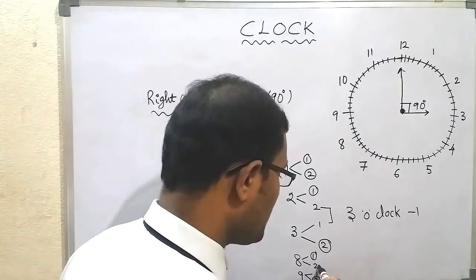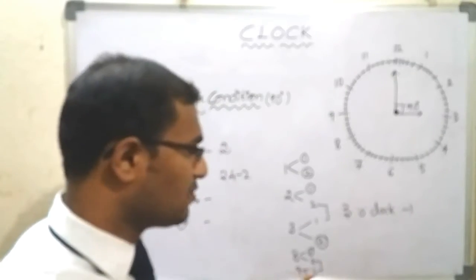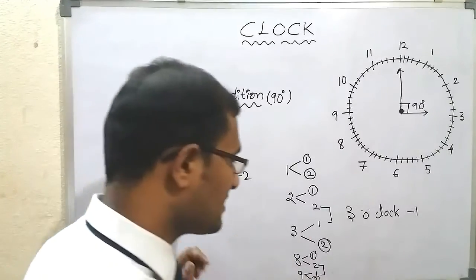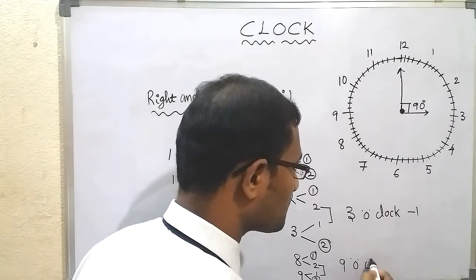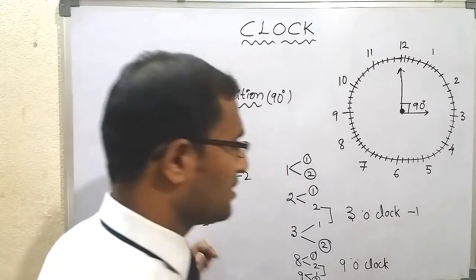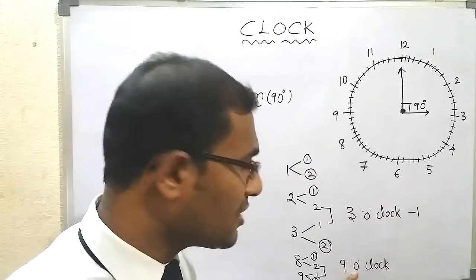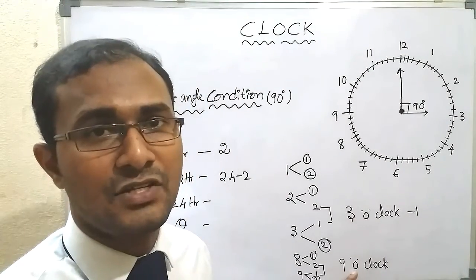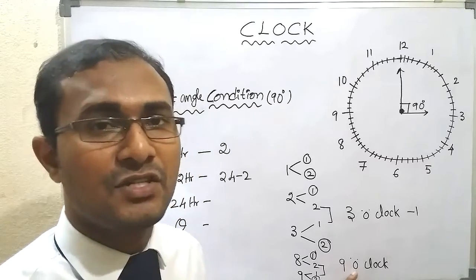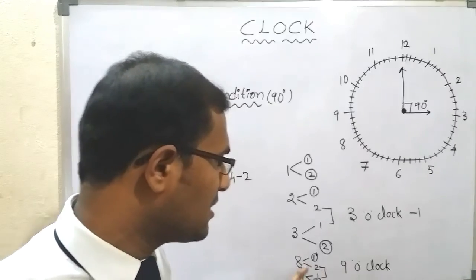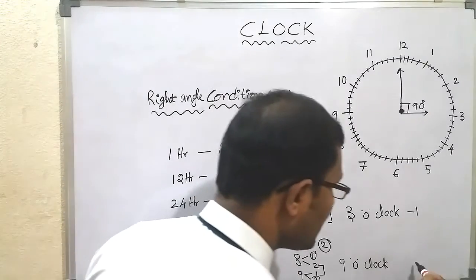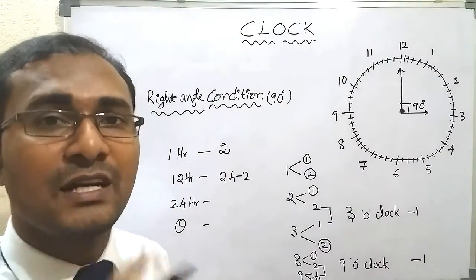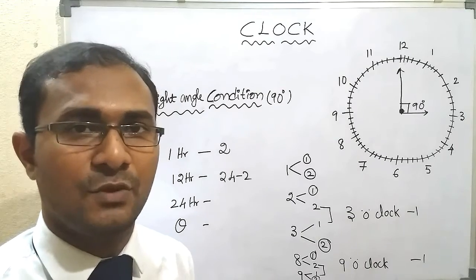So for 8 o'clock second condition and for 9 o'clock first condition, we can see the 90 degrees condition when the time is 9 o'clock. That is the same right angle condition which belongs to the second condition of 8 o'clock and the first condition of 9 o'clock. So here also we are losing one more condition out of 24.